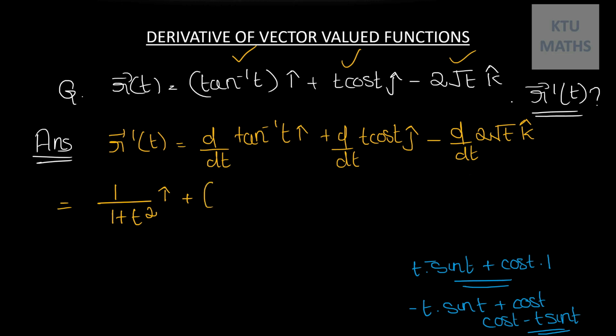So cos t minus t sin t j cap, and we would have to do the derivative of 2 root t.